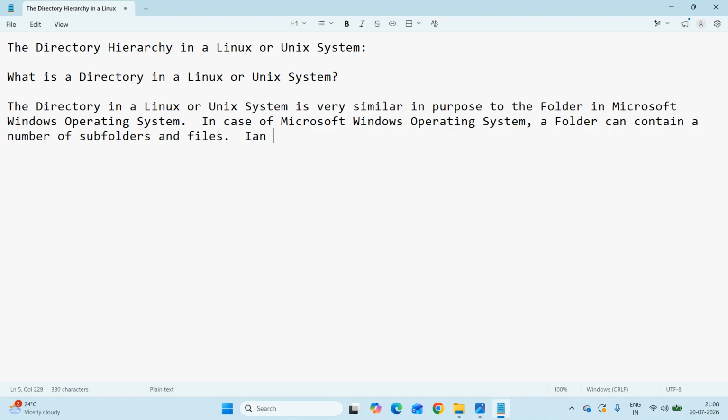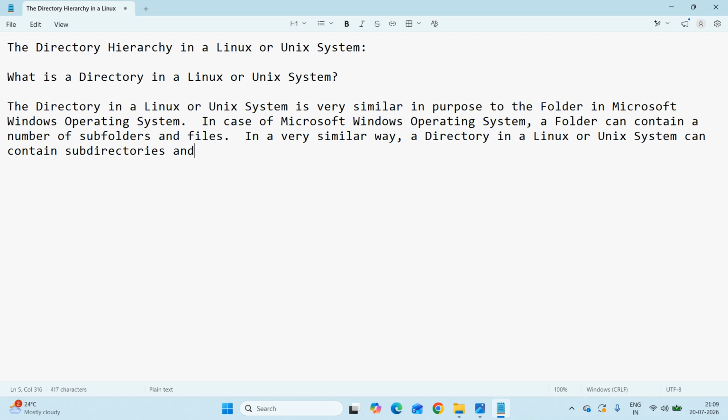In a very similar way, I'll say like this, people: a directory in a Linux or Unix system can contain subdirectories and files. So I hope you are now very clear, people, about what a directory is in a Linux or Unix system.